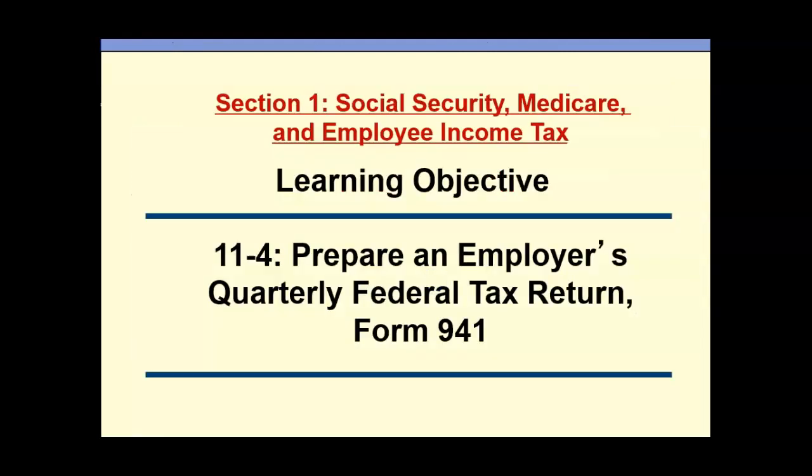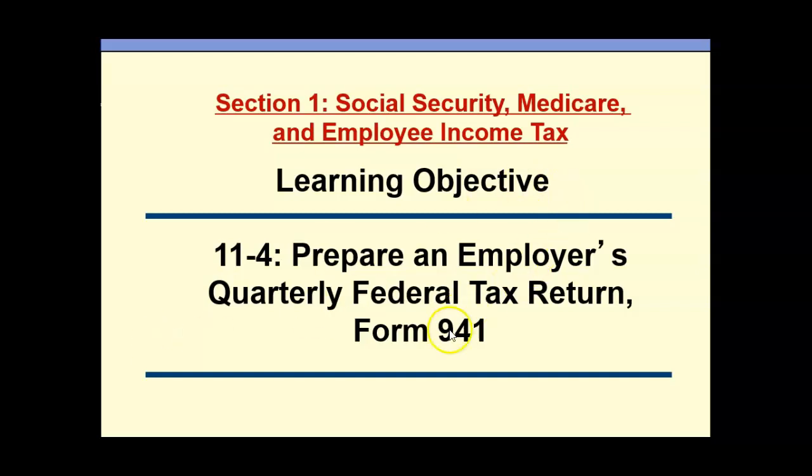Next up, we have a tax form called a 941, known as the employer's quarterly federal tax return. Now, from a business perspective, there are different types of tax returns that are going to become due throughout the accounting period.